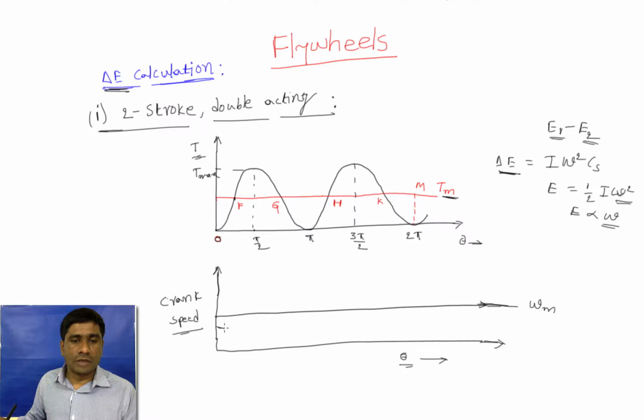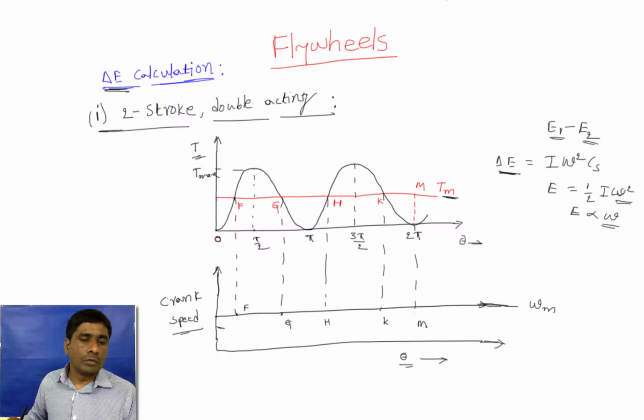It's starting its velocity here, and let's draw these points exactly here. This is F, this is G, and this is H, and this is K, and this is M.